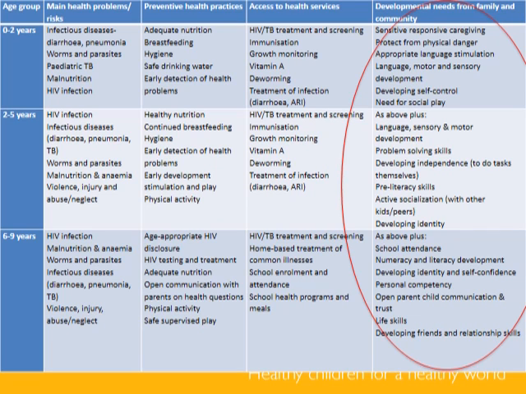However, as the child gets older, the contribution of violence, injury and the effects of abuse or neglect become more and more important. In terms of preventive health practices, we're really focusing in the young ones around establishing good nutrition and breastfeeding.